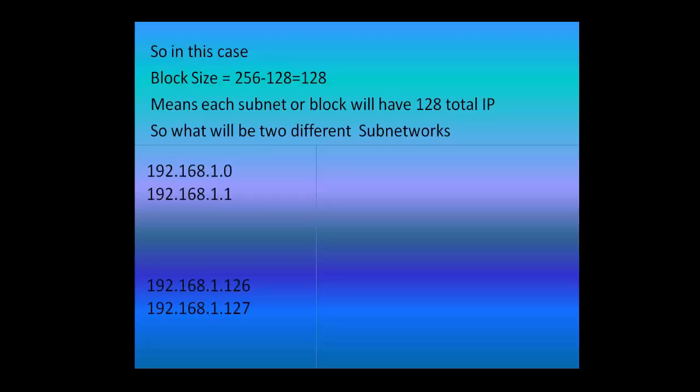This will be the first block, meaning it will have the network ID, the first valid IP, the last valid IP, and the broadcast IP of this block.